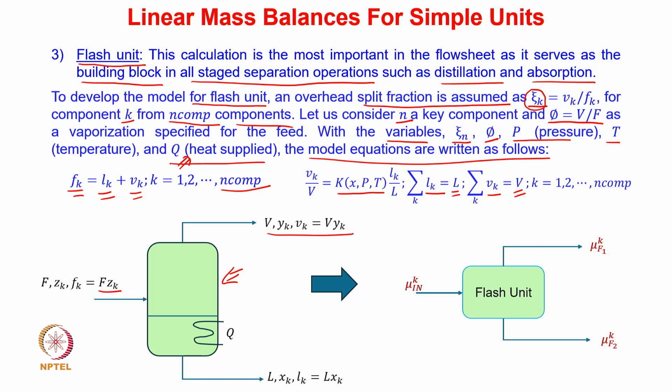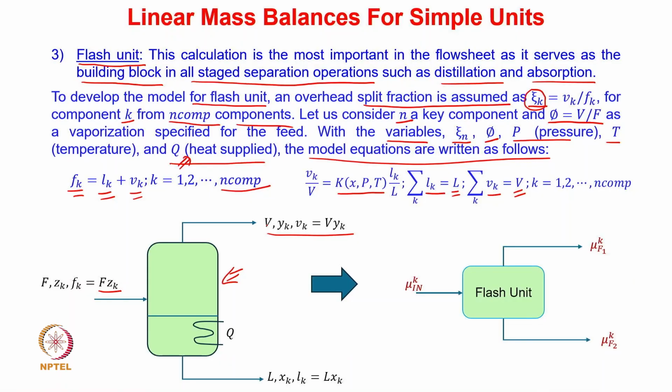So the total molar flow rate which is coming from the top is capital V, which is the vapor here. Remember, in the flash unit the top product is vapor, so capital V is the total molar flow rate of the vapor coming out from the flash unit. The mole fraction of the kth component in the vapor V is given by Yk, and Vk is the molar flow rate of the kth component in the vapor, given as capital V into Yk.